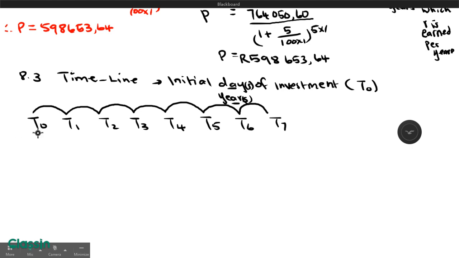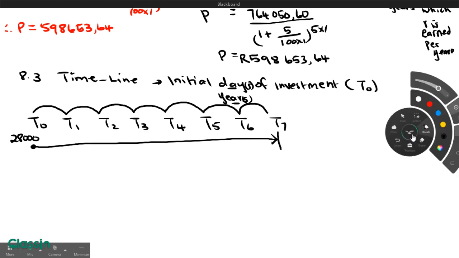Everything is at T0. So this person invested how much? 28,000 rands. This 28,000 rands is going to be in the account for a period of 7 years. The whole 7 years, 28,000 in the account. So every time the rate changes, we indicate it. They said that after 4 years, the interest changed.